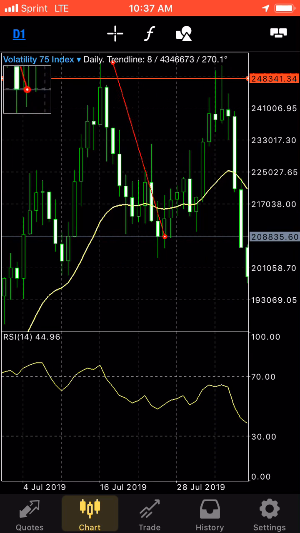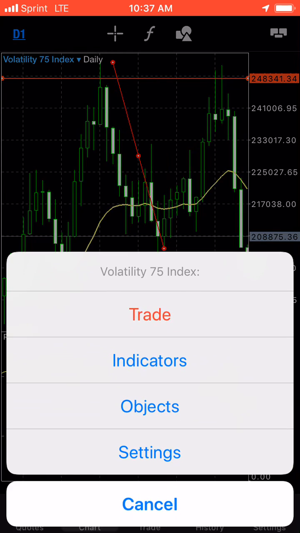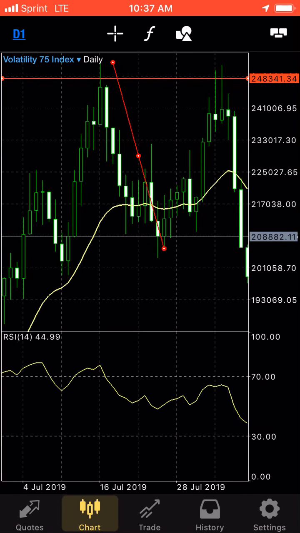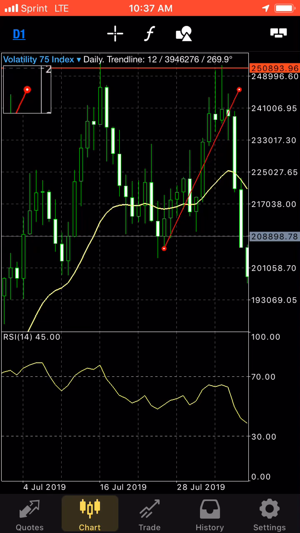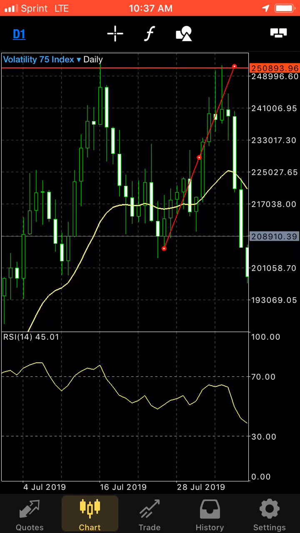When price goes all the way up there, it retraces and comes over here, you see. Then the next time price was able to try that level again. See, I'm showing you using the trend line.